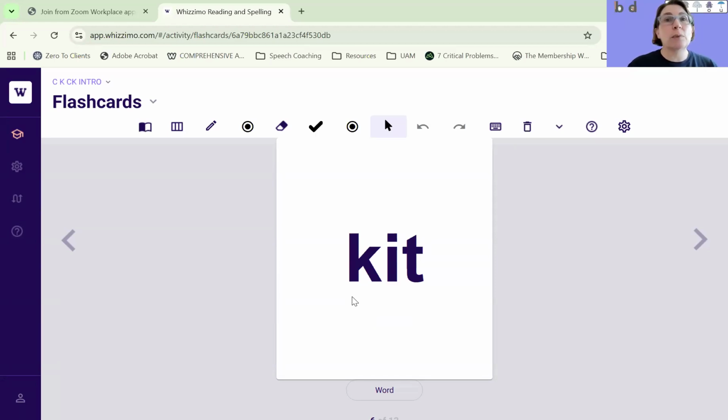When you hear this sound at the beginning of a word, and the next letter is the vowel I, use the letter K. All right, so those are some guidelines for when to use a C or a K at the beginning of a word. It depends on the letter that comes after it.